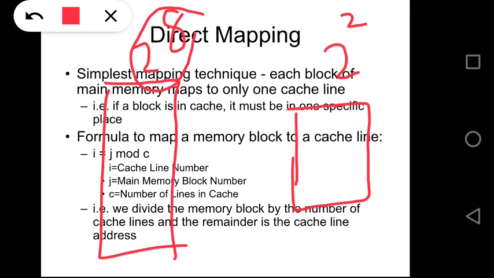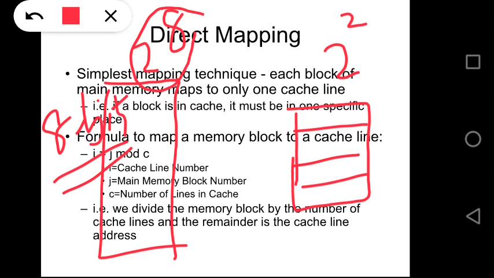Let's assume 8 bits are required in main memory, and here only 2 bits: block 0, block 1, block 2, block 3. So 8 bits means 0 to 2 power 8 minus 1 values will come.